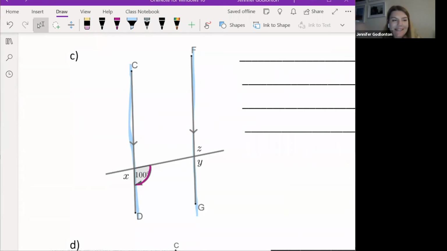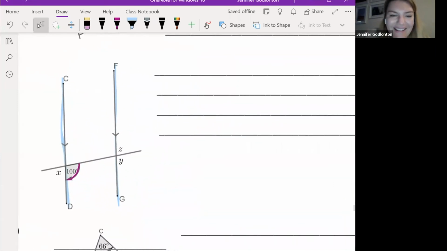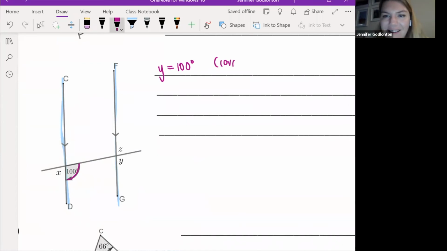Tlotlo, yes, I'm excited to hear from you. Can you tell me what to do? We're going to say y is equal to 100 degrees because corresponding angles, CD parallel to FG. Okay, so let's start there. Corresponding angles, CD parallel to FG. Perfect. Okay, you already have 2 marks in the bag.